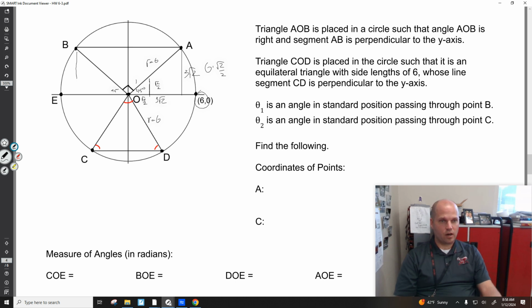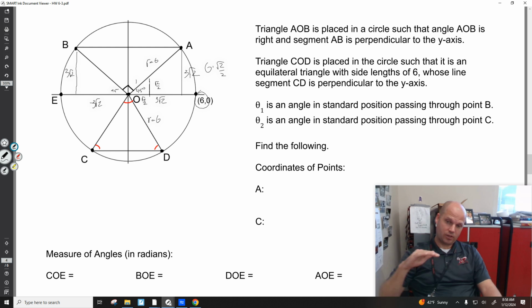That means over here, this has to be negative 3 root 2, and this has to be also positive 3 root 2. If you use the Pythagorean theorem, 3 root 2 squared plus 3 root 2 squared will be 6 squared. It's going to be 9 times 2, which is 18.